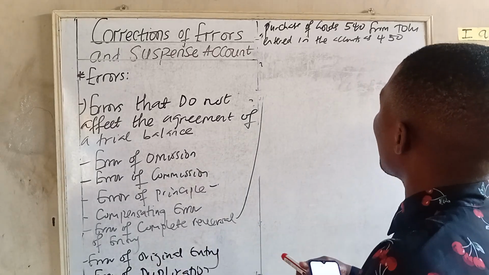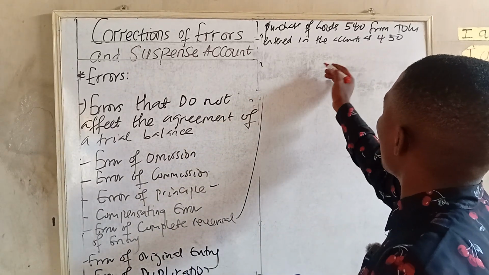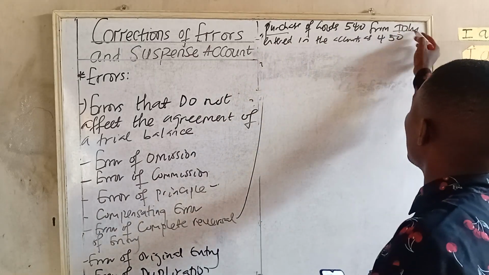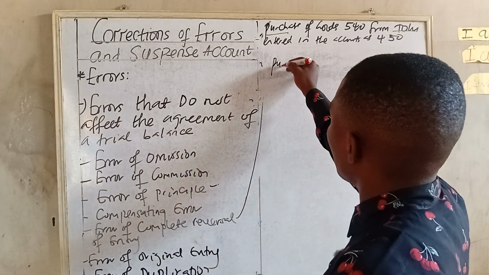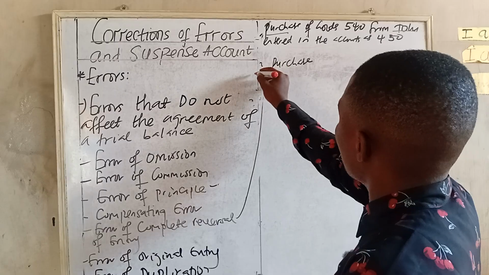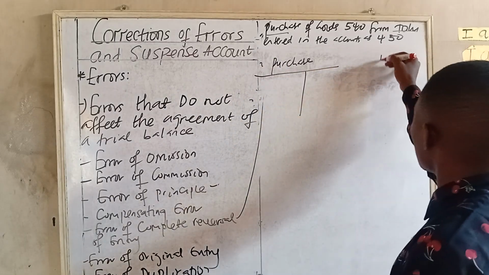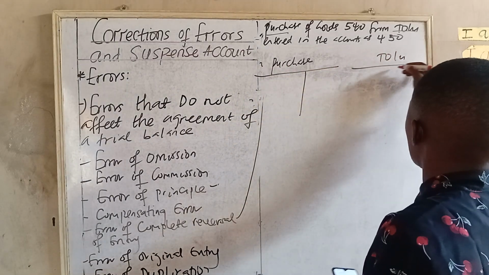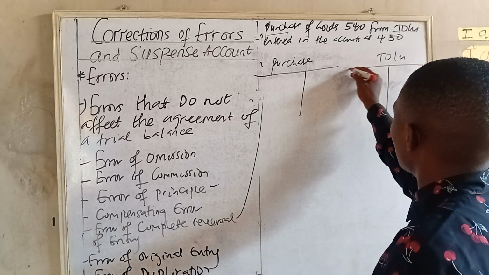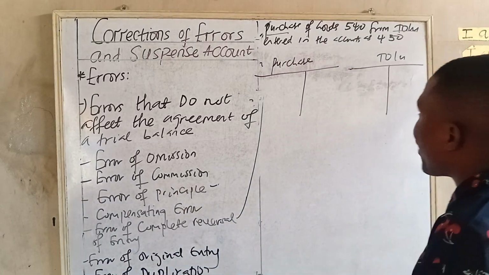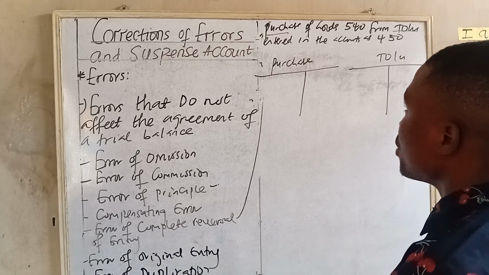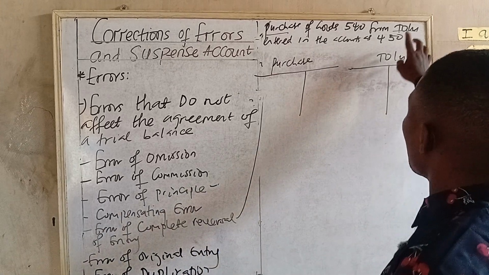Now here we have purchase account and what? And to use what account? We come here. Purchase account. Now purchase of goods 540 from Tolu. So Tolu is the one giving us the goods.